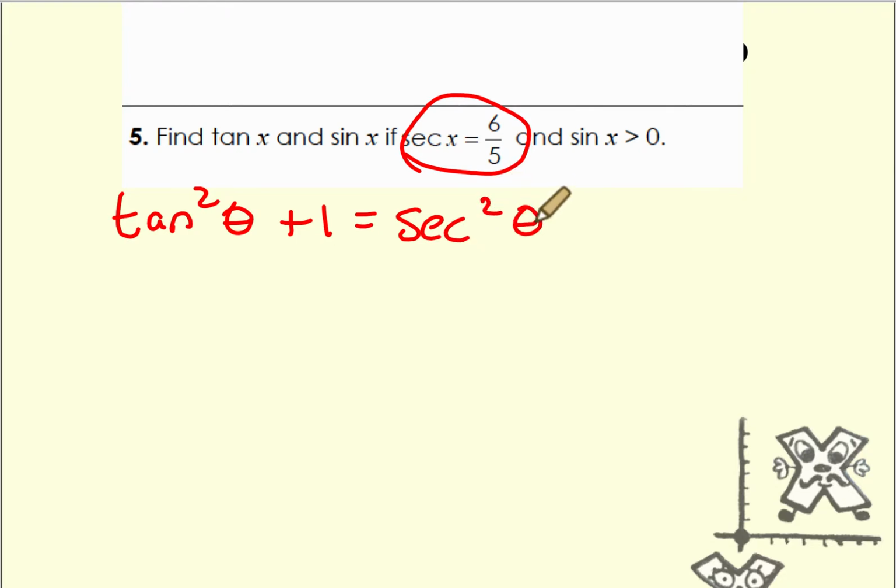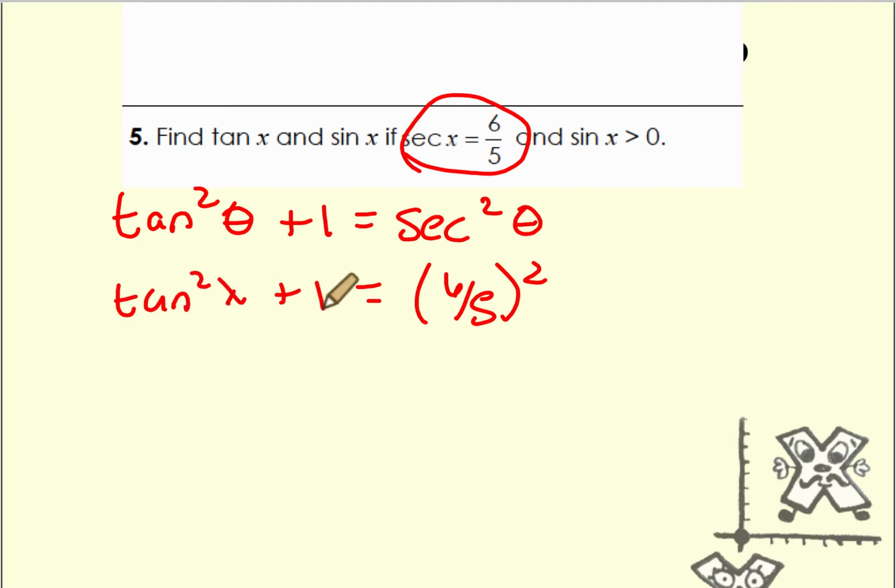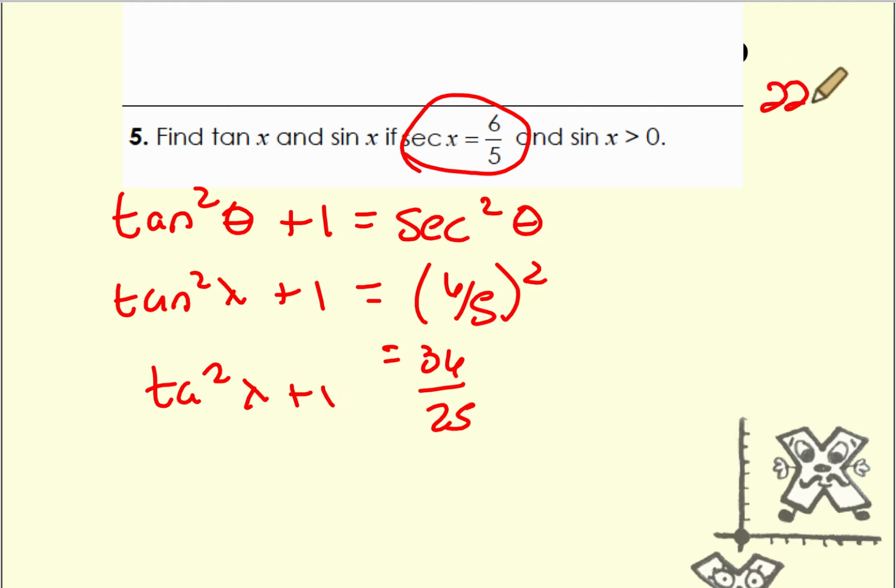So by substituting in here for secant, 6 over 5 squared, I get the square of the tangent plus 1 is this. This gives me 36 over 25. And I'm going to subtract 1 from both sides. Remember, 25 over 25 is the same as 1.